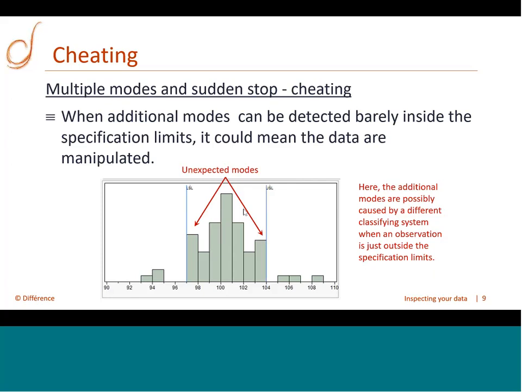I test, I obtain 96.4. And I think this is probably measurement error. Test again, obtain 97, and that's what I put as the test result. So of course, if you look at this practice with statistical eyes, it's really a strange practice. Why would the second result be better than the first result?